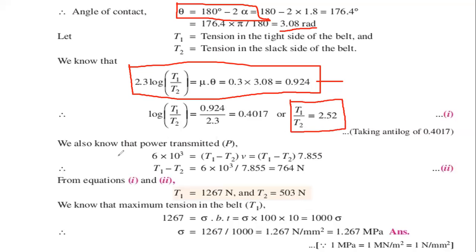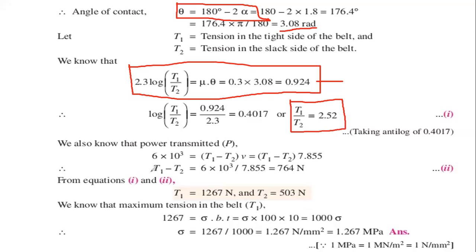Then we are going to take the power transmitted. Capital P is equal to (T1 minus T2) into V, that is tension in the tight side of the belt minus tension in the slack side of the belt, into velocity. We know the velocity and power, so we are going to find the T1 minus T2 value.